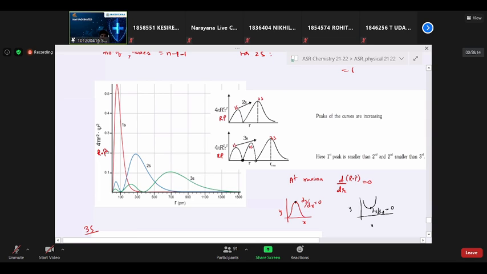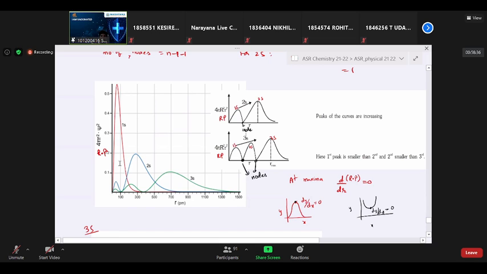Next. Is that over? If it is done, then I can do one more than 3s. This is psi versus radius, psi square versus distance, and this is 4 pi r square, already we gave you that.